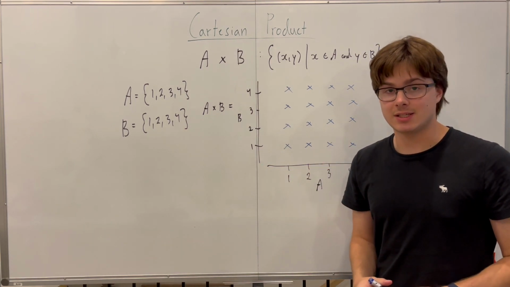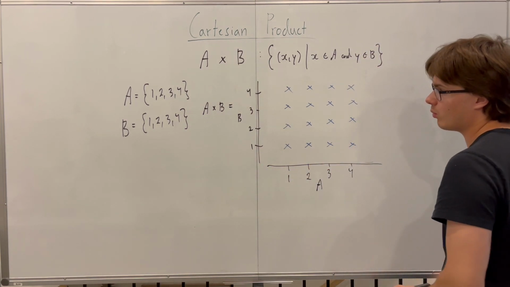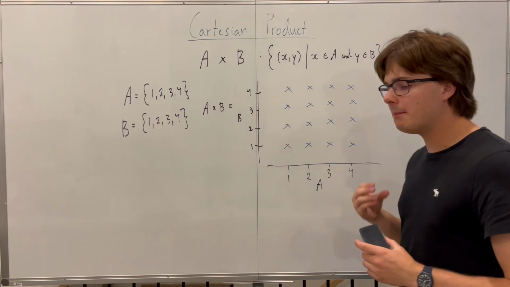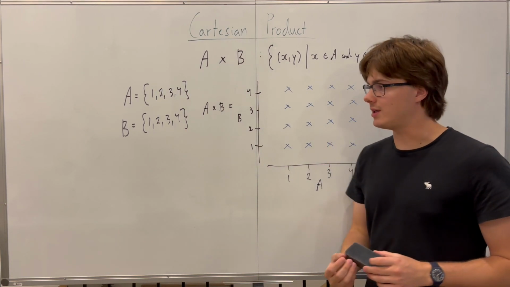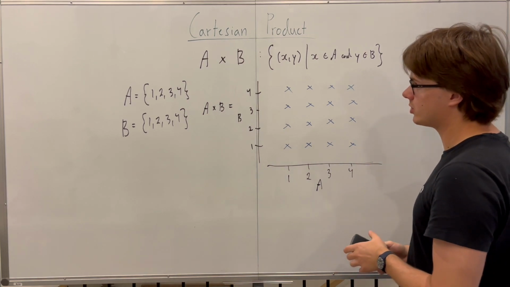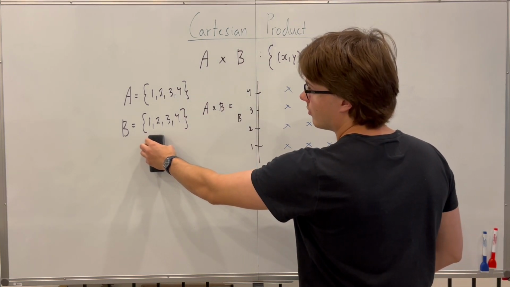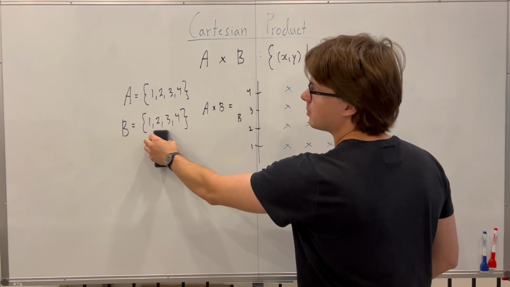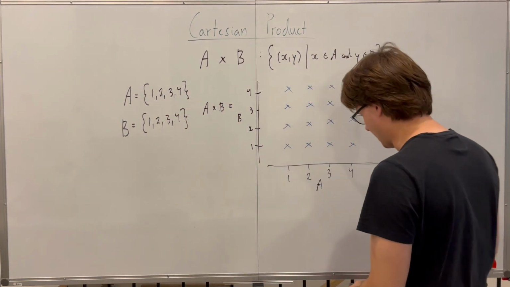Now, another point I want to make is that the number of ordered pairs you're going to have, you might be noticing so far, is going to be equal to the number of elements in one set multiplied by the number of elements in your other set.